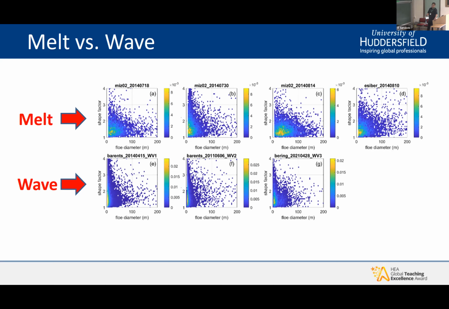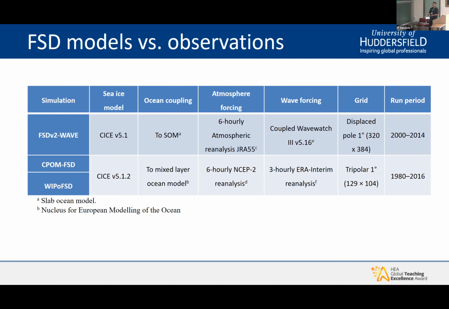However, especially in a melt season, it tends to be confined in a smaller range of the shape vector. So there might be another clue on how we can find out whether floe size characteristics are wave dominant or melt dominant.